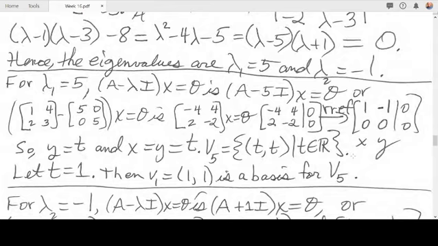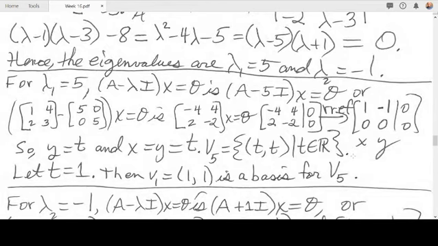So that means that the variable y is a free variable or a parameter. Say y equals t or s or whatever you want to call it. So y is a parameter t. You notice in the first equation that x equals y, so x is also the same parameter t.